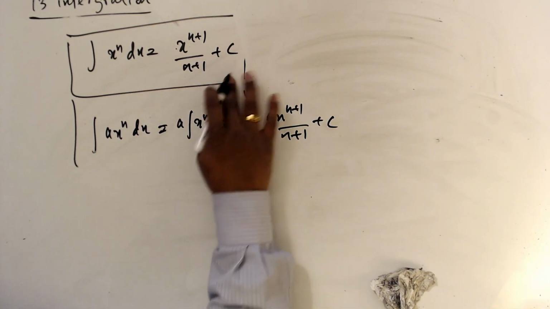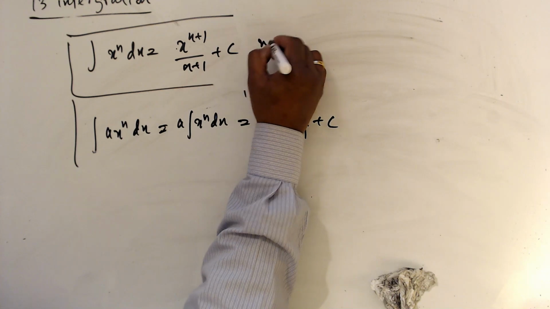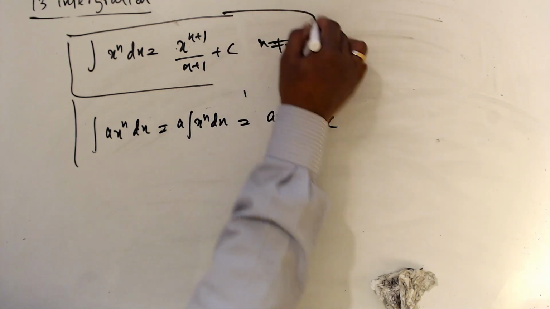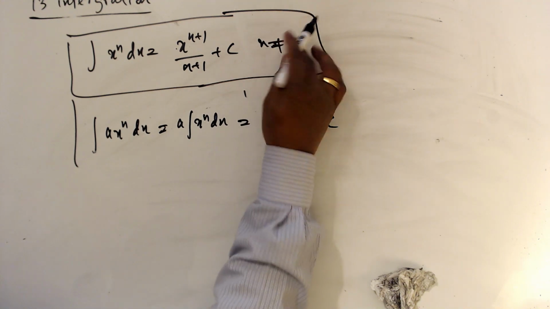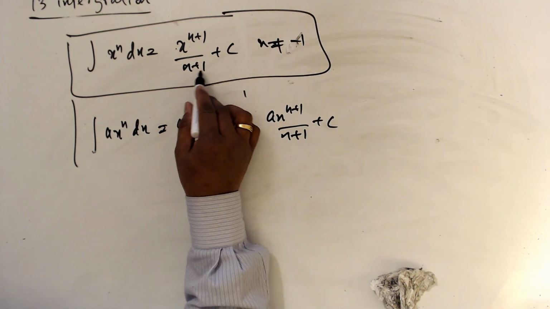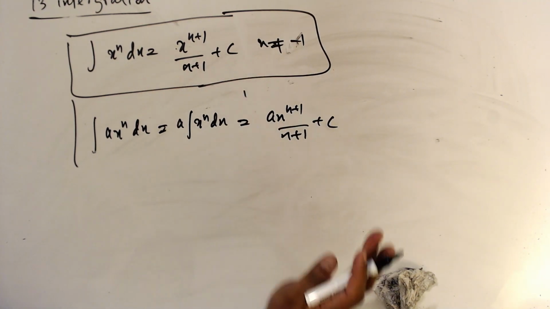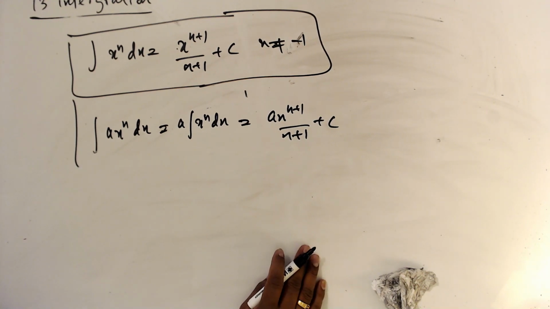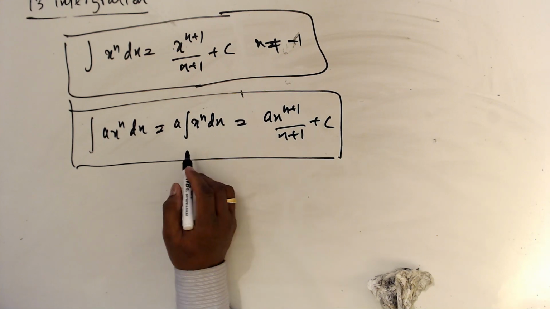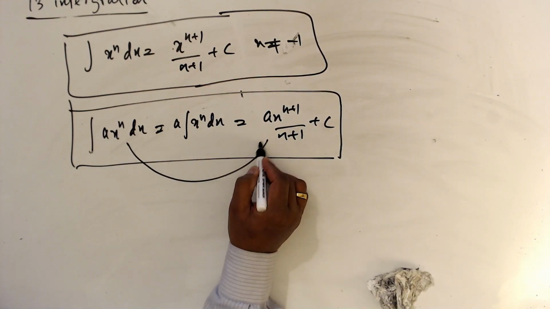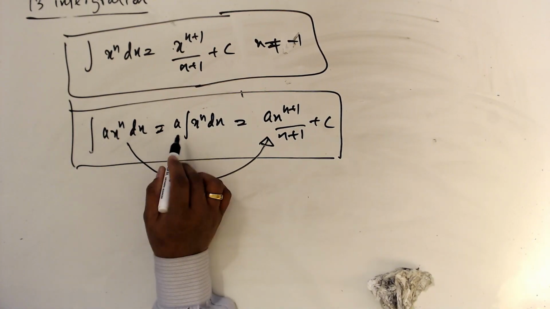Here I want to add one more thing: n can't be equal to minus 1, because if it is minus 1, minus 1 plus 1 is 0.